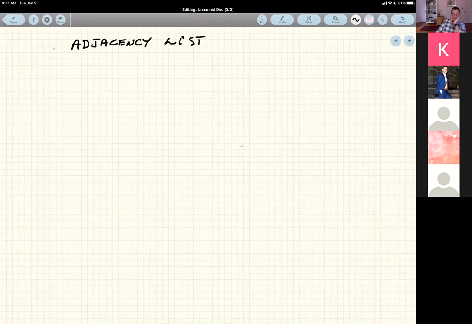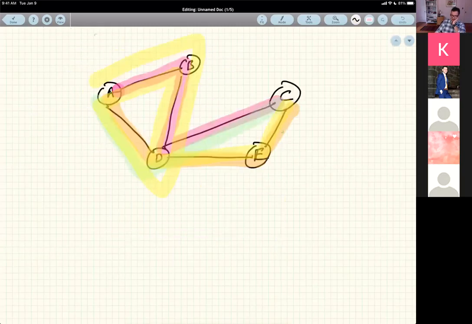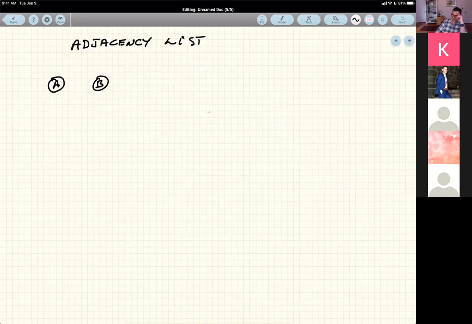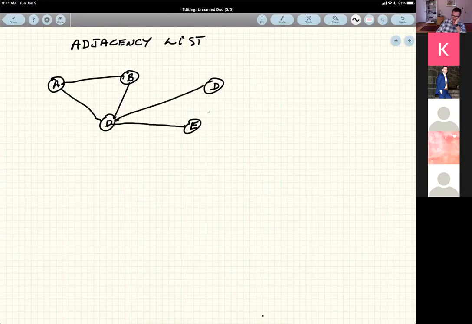So let's take the graph that we just did, with A, B, C, D, E. Let's draw it again: A, B, C, D, and E. And we said the edges looked like this. So this is the graph that we had earlier.